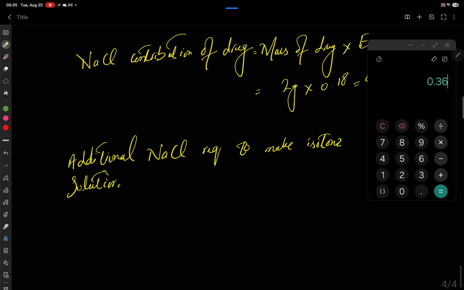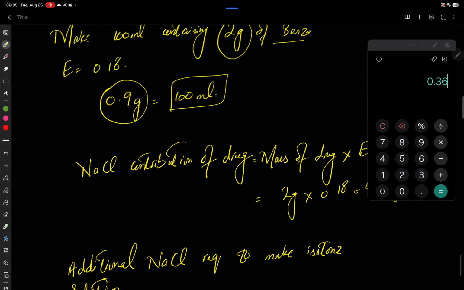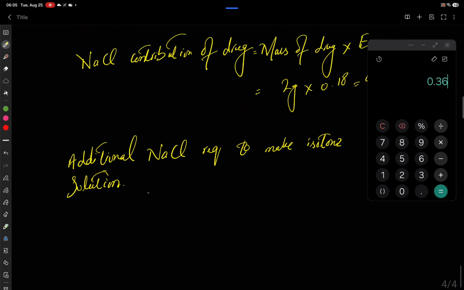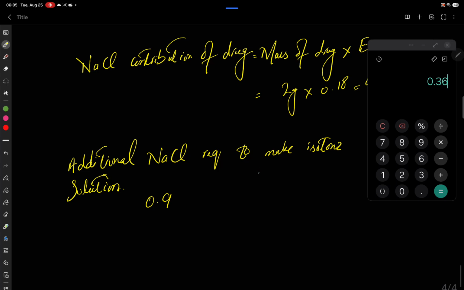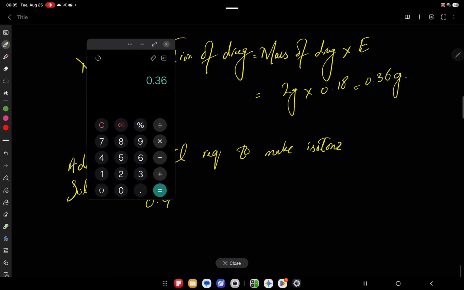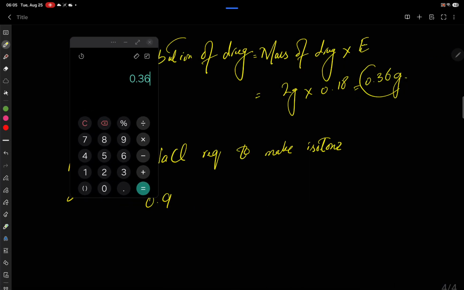It's very simple. Now we have the total amount of NaCl, that is 0.9, and we also know the NaCl contribution of the drug, that is 0.36.